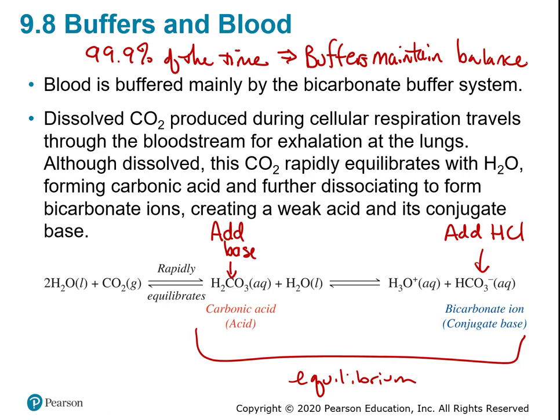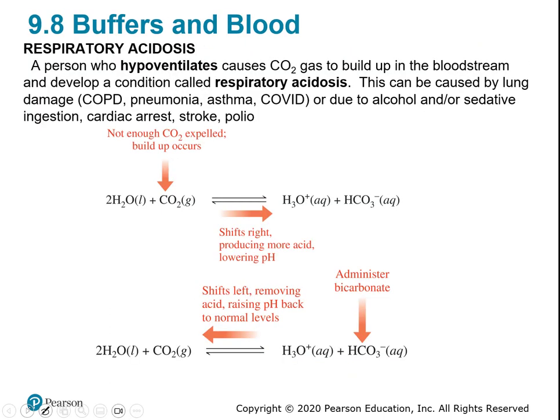It has to be an extreme condition where the buffers can't manage to maintain the equilibrium of a weak acid and its conjugate base, balancing out any added acid or base that comes along. But it can happen, and does happen, with patients that have COPD.